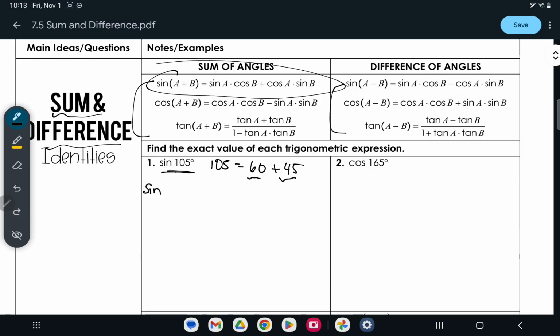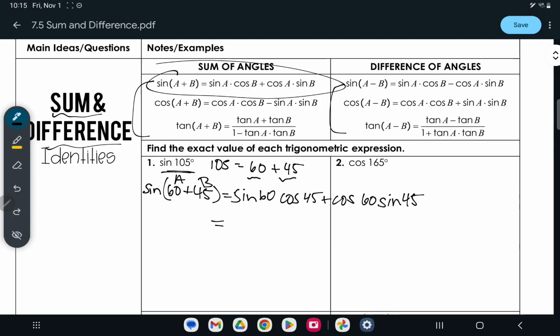So sine, and the order doesn't matter, sine of 60 plus 45 is going to equal sine of A, so sine of 60 times cosine of 45 plus cosine of 60 times sine of 45. And we can use the unit circle to get these exact values.